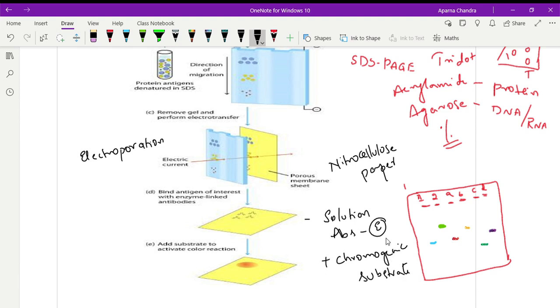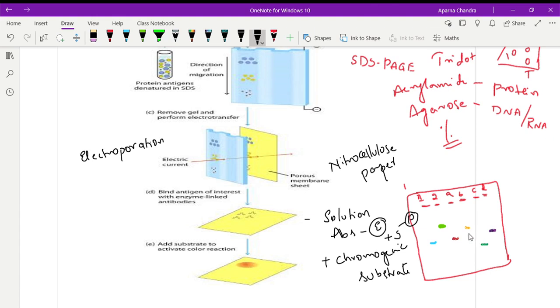So this substrate is highly specific to this enzyme, so it binds to it. When the enzyme binds with the substrate, it results in the formation of a chromogenic product. So that gives a color. So if you are seeing a colored spot on a nitrocellulose paper, it indicates positive for that particular sample.